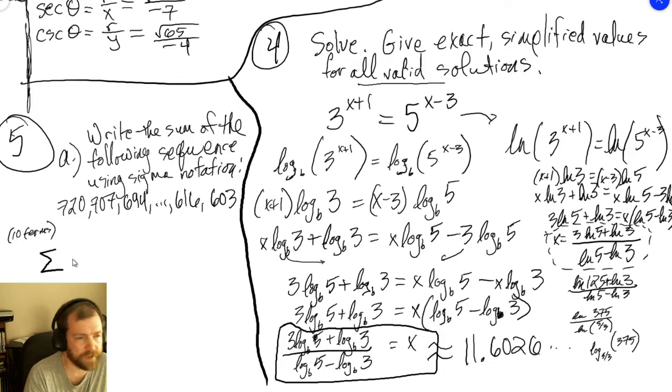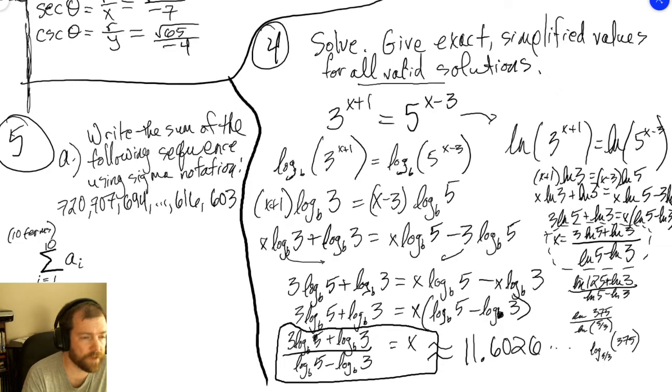It needs to look like this. We need to have the terms listed in here in explicit form. We also need to then index as we go from i equals 1 to however many terms there will be. So I just gave it to you. There are 10 terms. It's got to be indexed from 1 to 10.